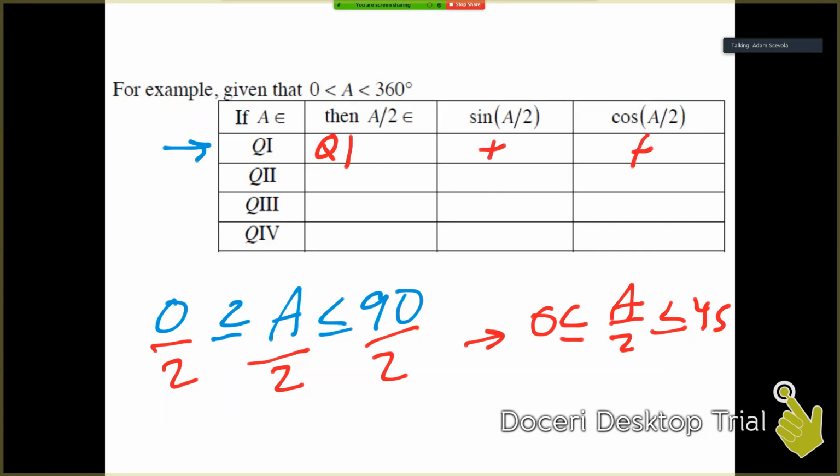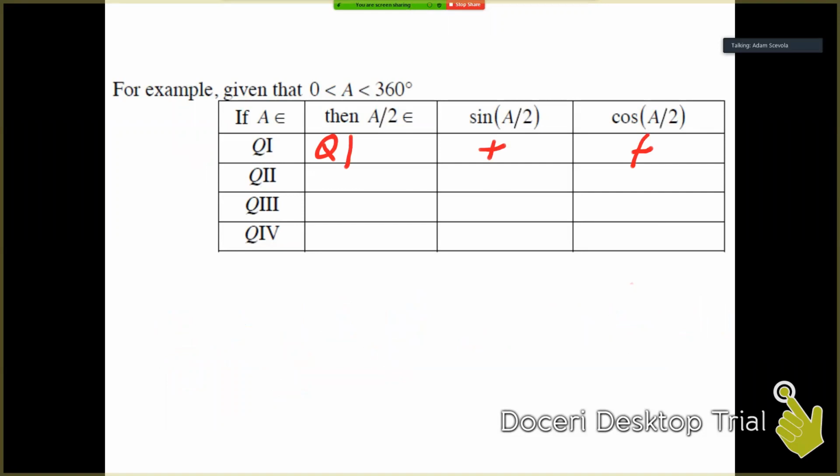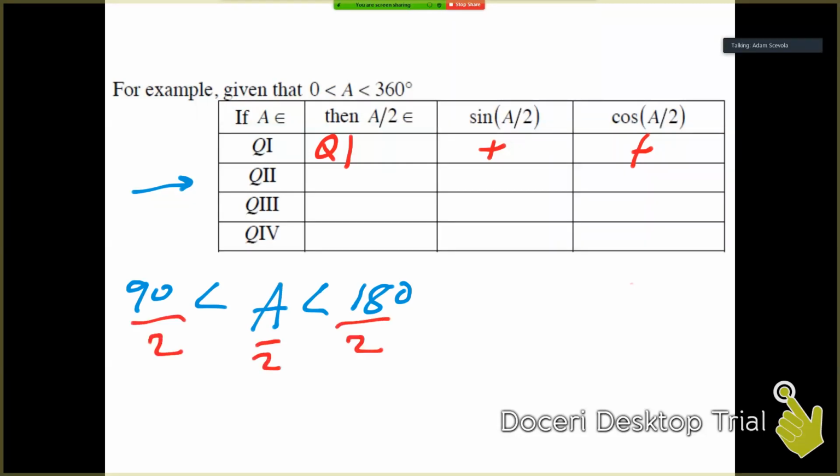All right. Now let's say A, so double the angle that you're taking the sine or cosine of, because we're doing the half angle formula, is in quadrant 2. So that means A is in between 90 and 180. Well, then if we do the half angle formula, A over 2 is going to be in between 45 and 90.